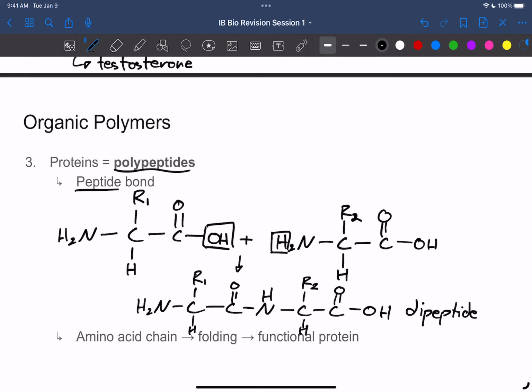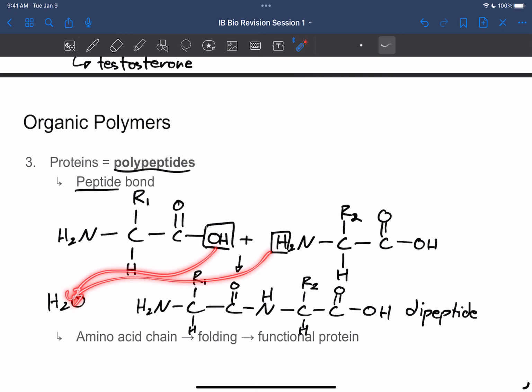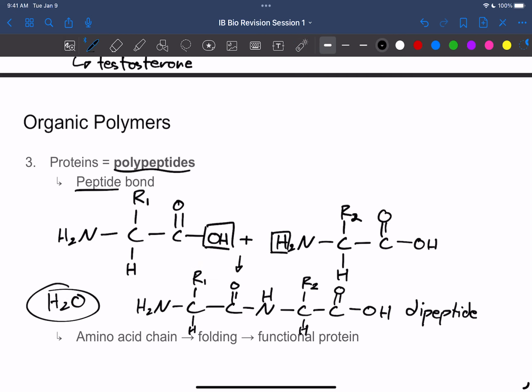And these leave as water. So the OH and H here combine to make a water. And together, this is called a condensation.